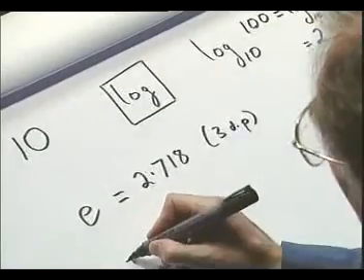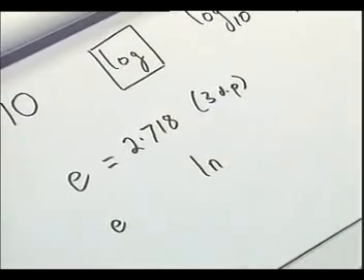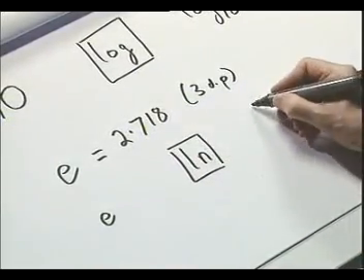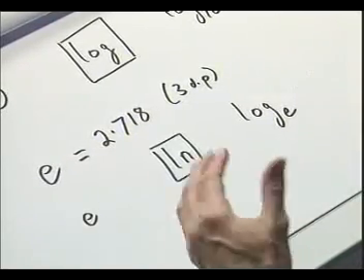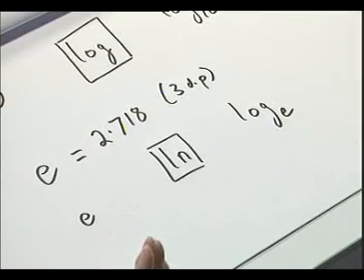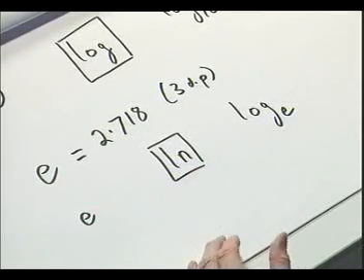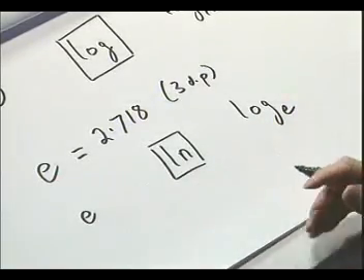So if you look on your calculator, you will see a button that's got ln on it. And that button ln stands for logs to base e. So if you put the number 3 in it and press ln, it will give you the log to base e of 3. These logs have a name.